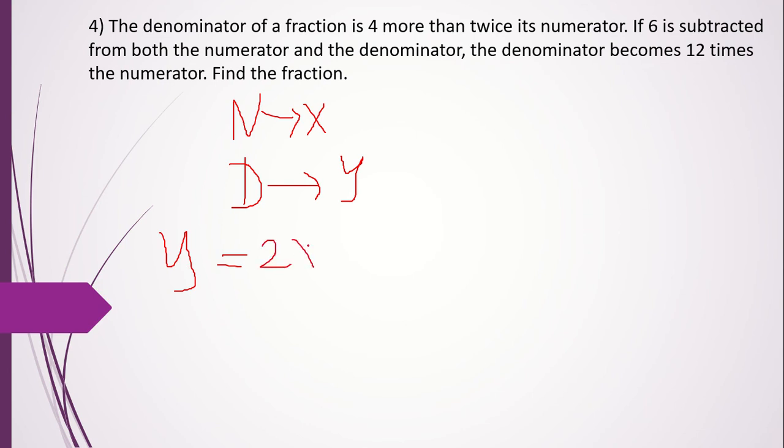Numerator we have assumed to be x. So it is 4 more than that. This is equation number 1. Okay, next what is given? If 6 is subtracted from both numerator and denominator, what will happen? Numerator becomes x minus 6 and denominator becomes y minus 6.